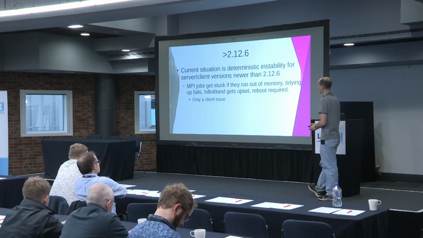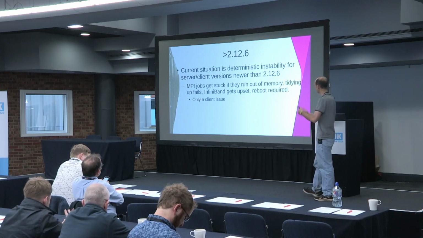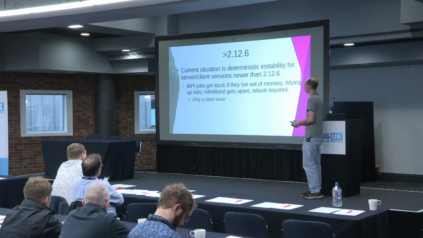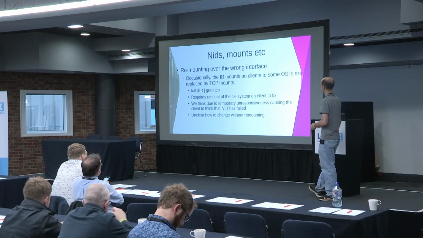So that's a bit of a weird one. We're not exactly sure, but it seems that some code introduced in 2.12.7 and beyond means it doesn't clean itself up very nicely.